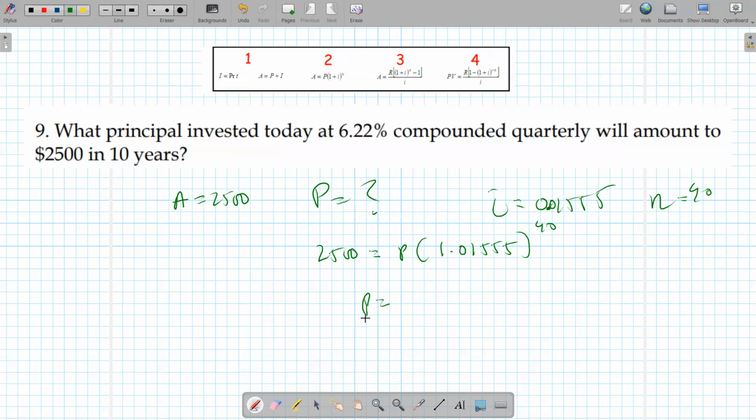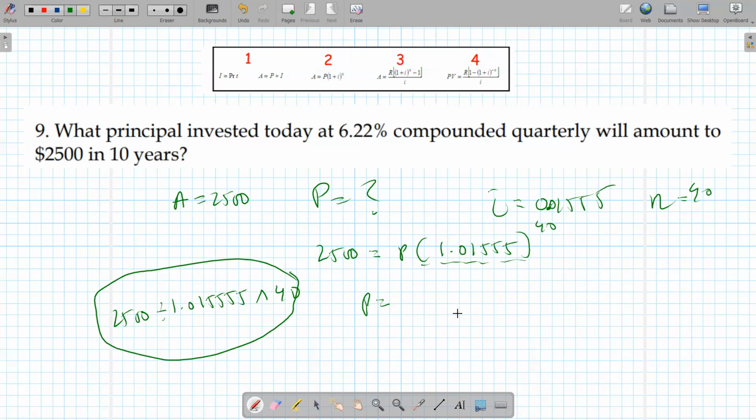Is that the principal? I don't think so. No, that's not right. So you just do this, right? 2,500 divided by 1.0155 to the power of 40 on the calculator. Because we just need to divide both sides by this to get the principal. Try it. 2,500 divided by that thing to the power of 40. 1,348.35. Okay, yeah, that's right.